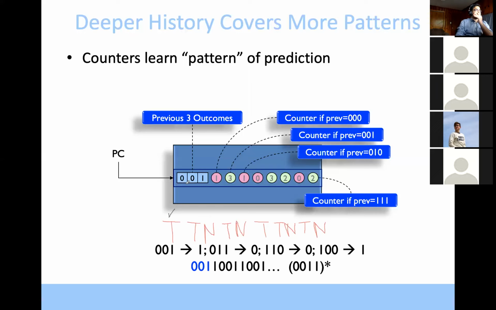Okay. So now this thing will be 011. That would be this one. And that says not taken. So this would be wrong. And this would update to 1.